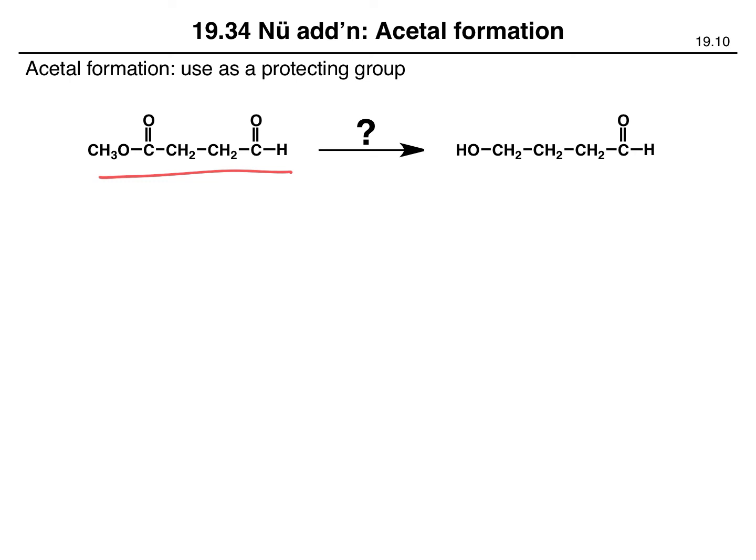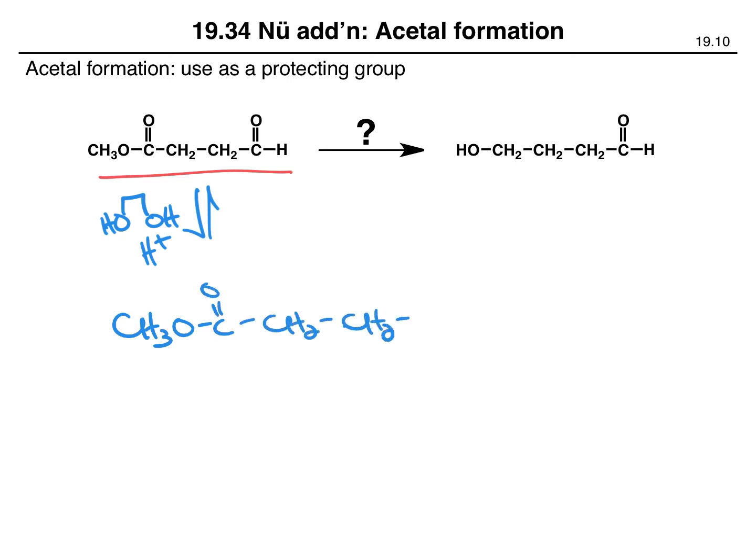But what if we were to treat this with, let's say, this diol in the presence of H+. Nucleophilic addition works on aldehydes and ketones, not on esters. So that is going to convert this. The ester remains intact, CH2, CH2, CH, but now this has been converted to the cyclic acetal.